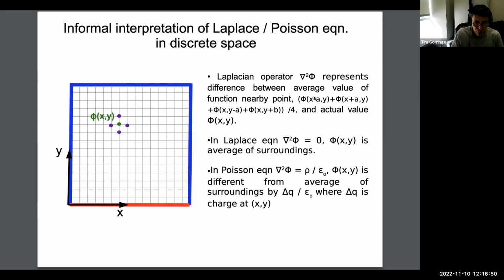In the next few slides, I just wanted to introduce and describe how we solve the heat equation numerically.